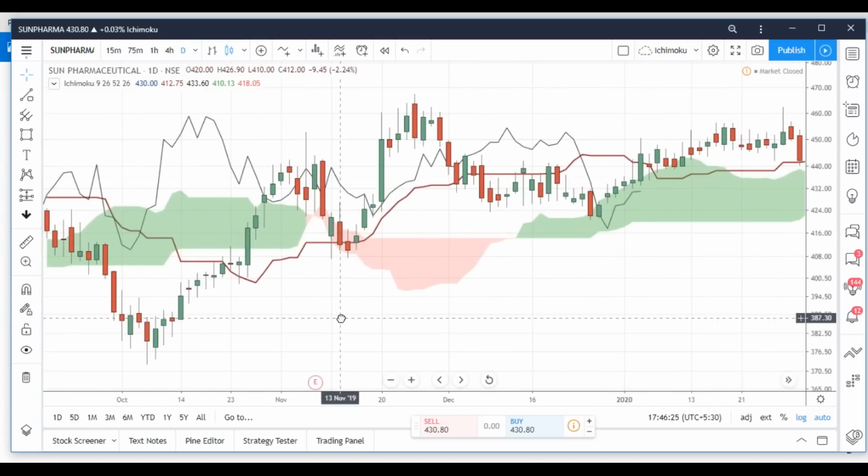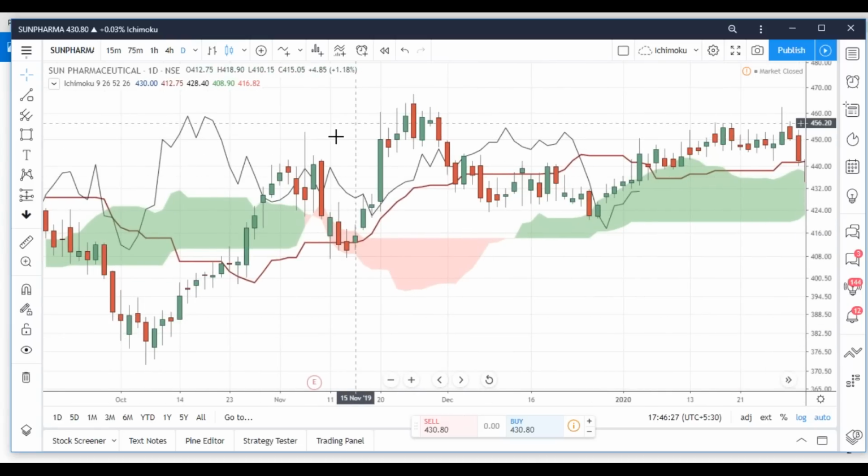See, here price moved nicely above the cloud, so the bullish trend is confirmed. Then on this candle, price touched and closed above the Kijun. Above this candle's high was a long, but that never triggered, because on the next day price did not cross above the high of the candle.